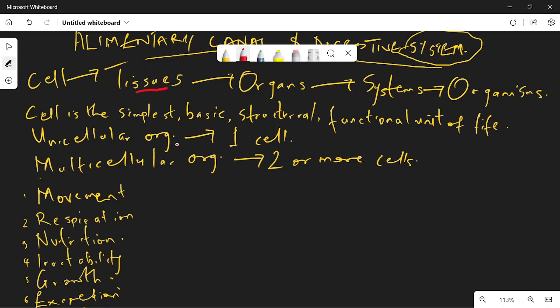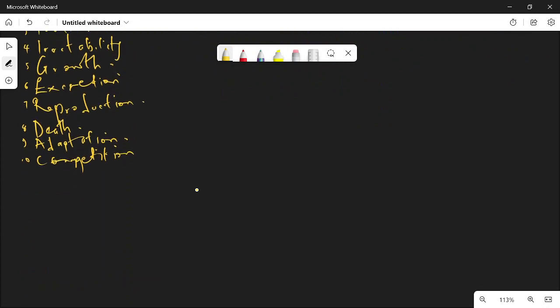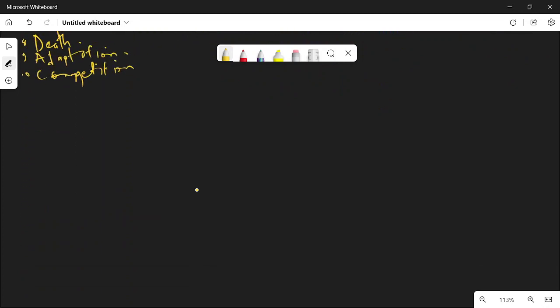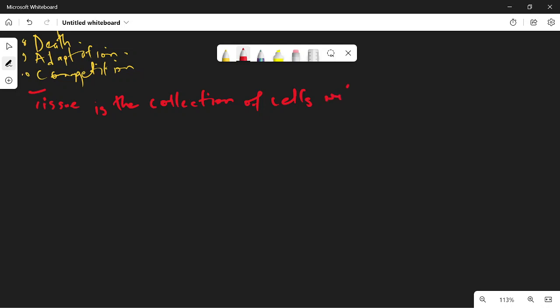Tissue is a collection of cells with similar structure and function.